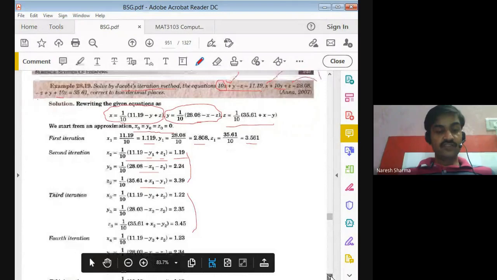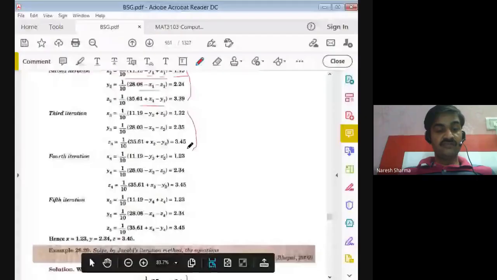So if you see here, your x, y, z in the fourth iteration and fifth iteration are the same, so we can stop here, and this is the value of x, this is the value of y, and this is the value of z. This was your Jacobi iterations method.